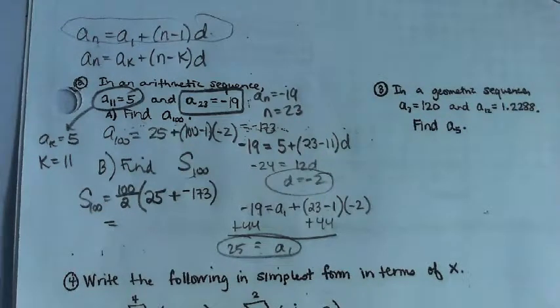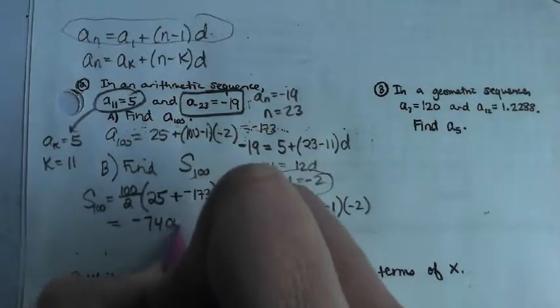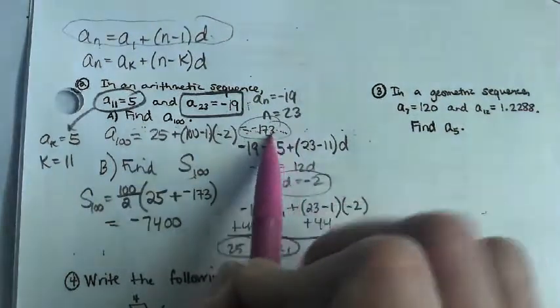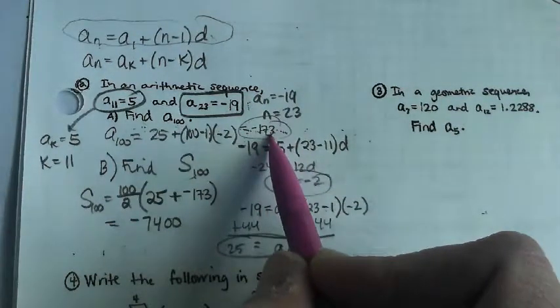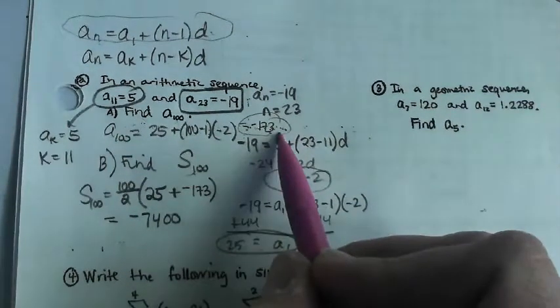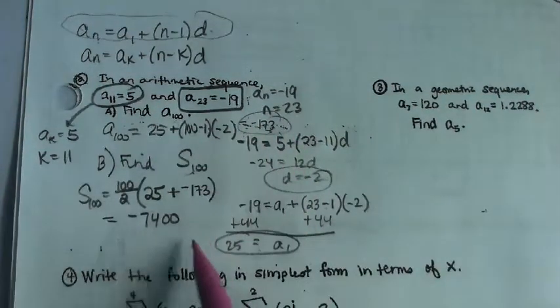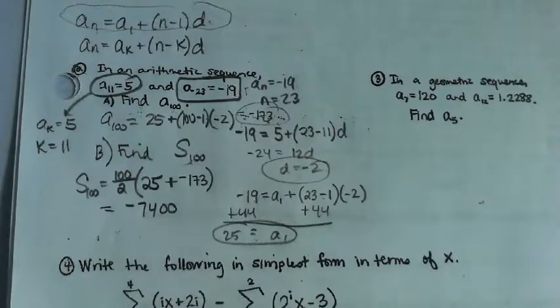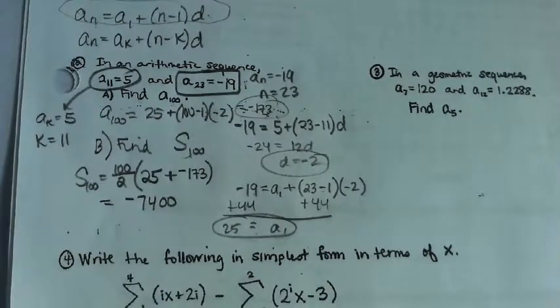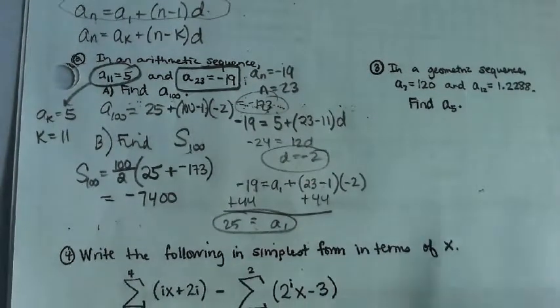But if it's just a sequence question, you don't need the series stuff at all. So this gives you negative 7,400, which is obviously quite a bit larger than that. Of course it is, because that's just your 100th term. You have your 99th term to add to that, your 98th term, your 97th term, and so on.